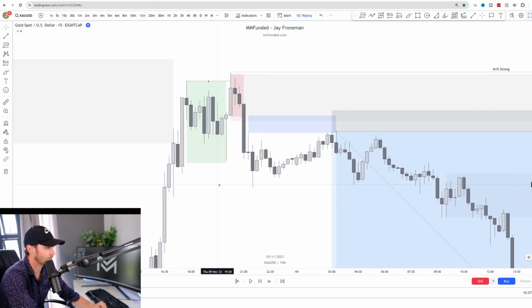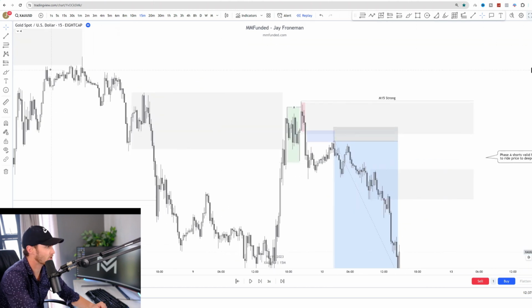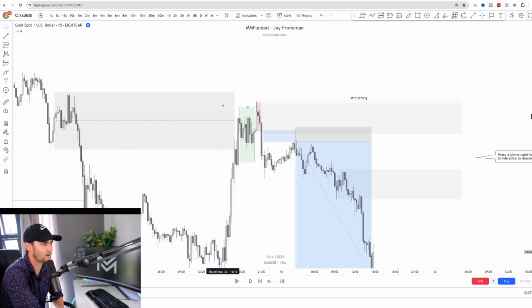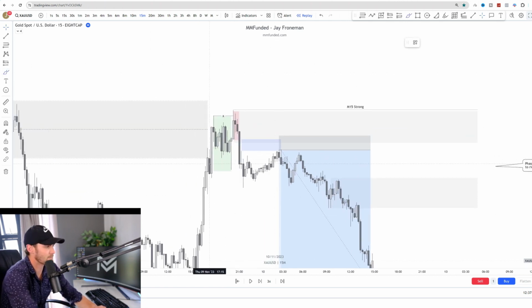Okay, so let's quickly go over this. Already on the M15, what I wanted to see was a mitigation of the 50% of this 4-hour zone. Because it's such a large 4-hour zone, I always like to use 50% just to refine down and look for those tighter R trades. So what I wanted to see was mitigation of the 50%. Just a simple reaction.